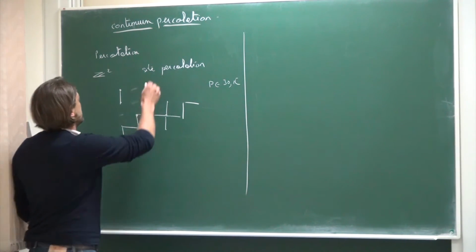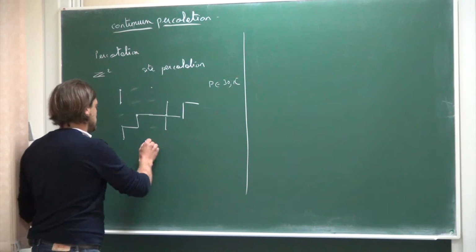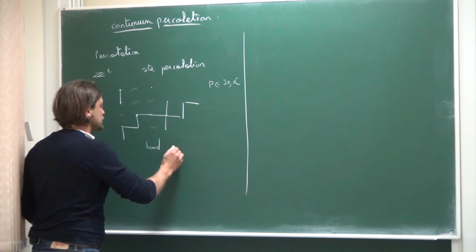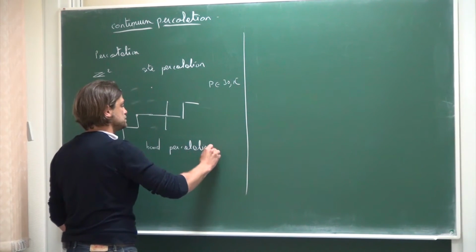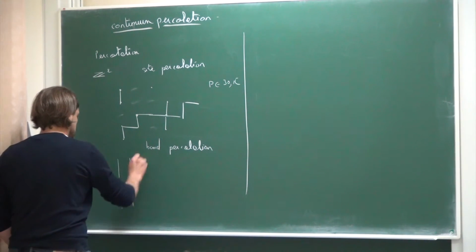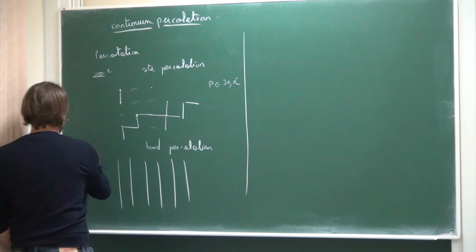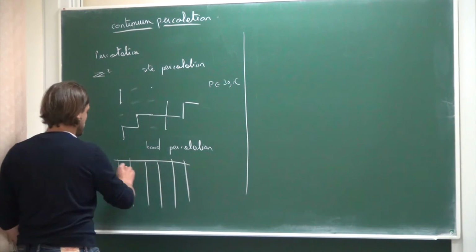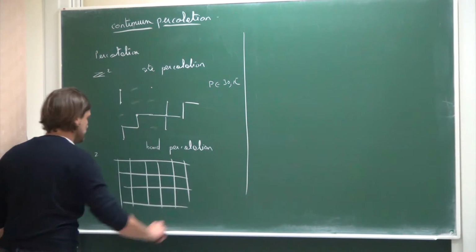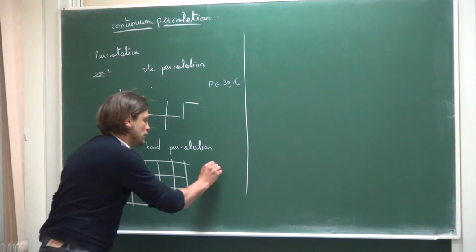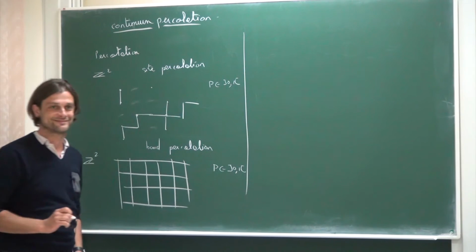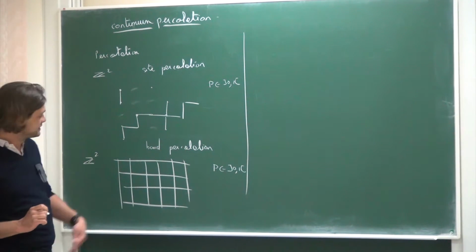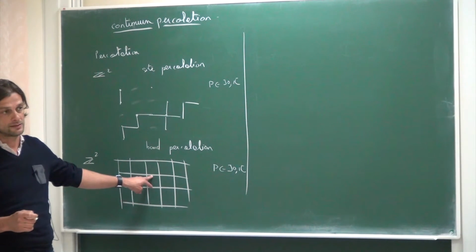And this is site percolation, and there also exists the same problem with bond percolation, and it's still on Z2, but here like a grid. We consider a grid here. And now with probability P we decide to keep or to erase an edge.